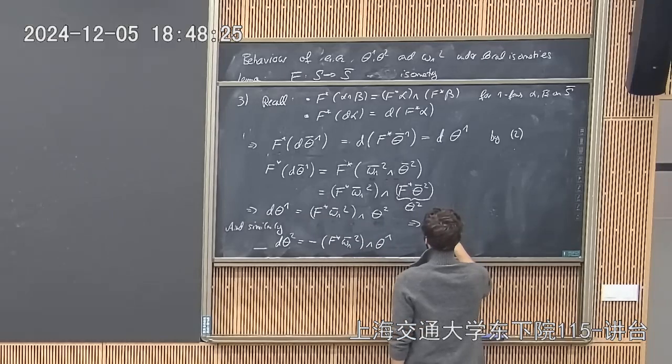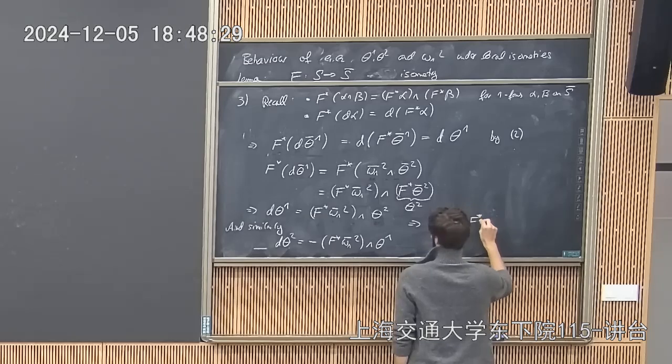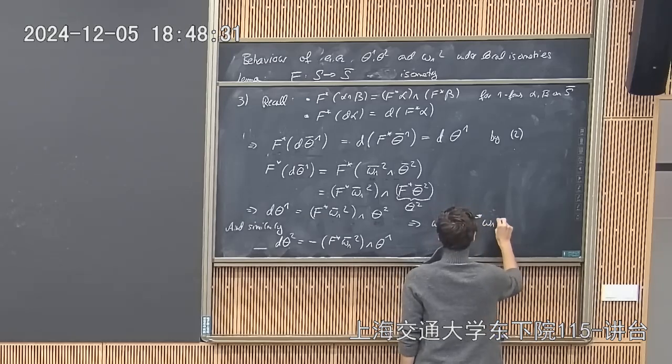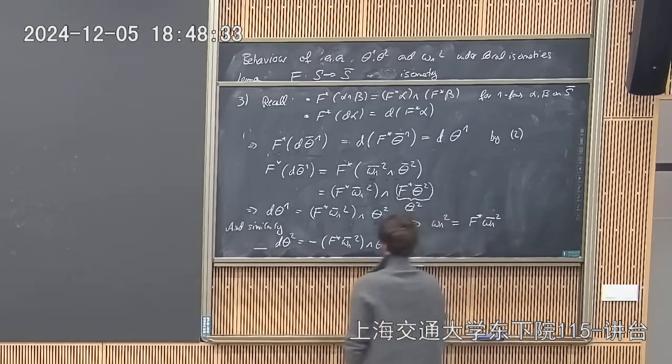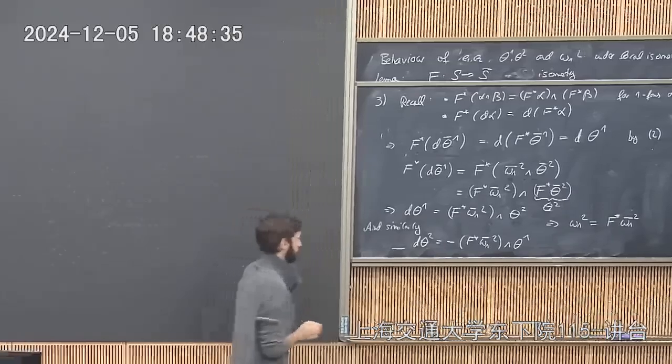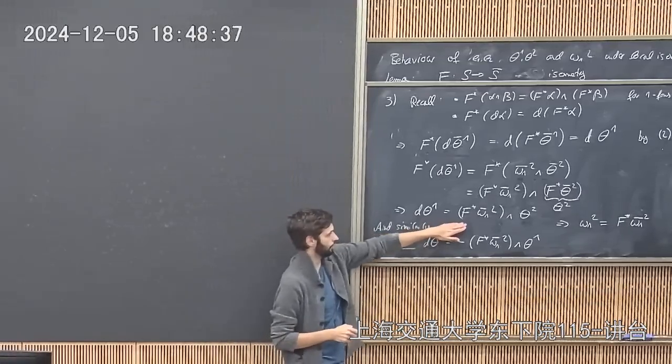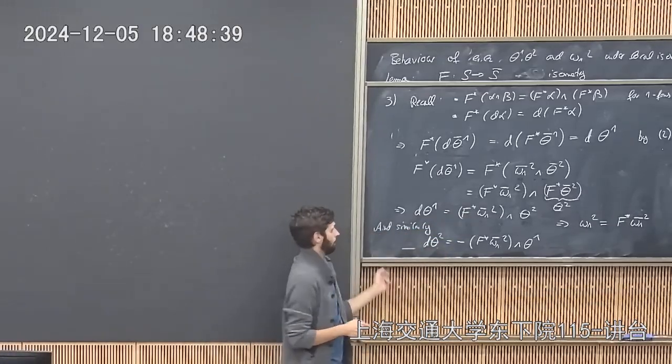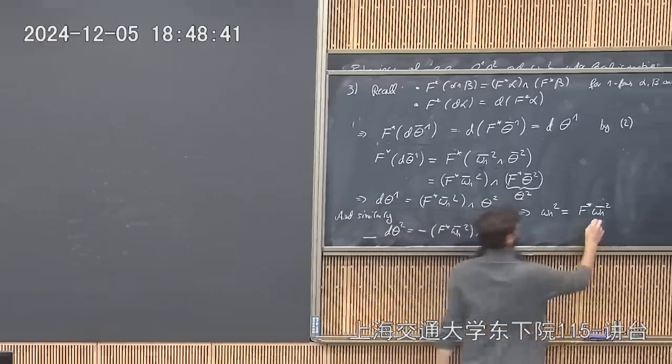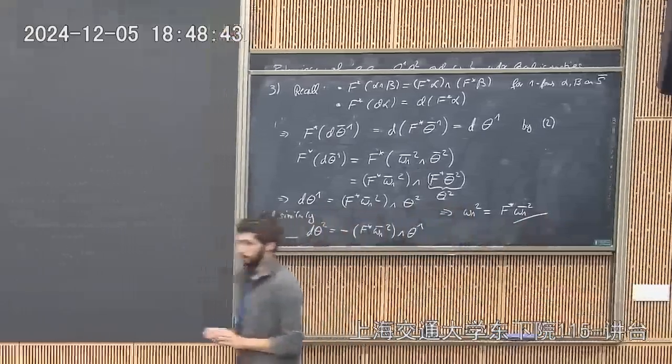So that means omega 1 2 bar equals f star omega 1 2, because these equations uniquely determine the connection form. Okay, so that's what we wanted.